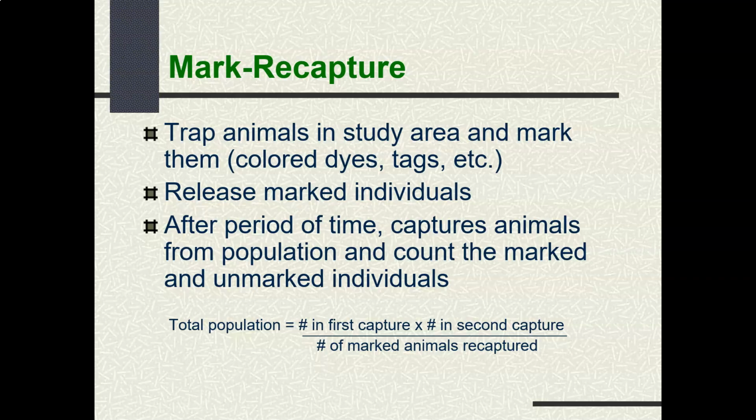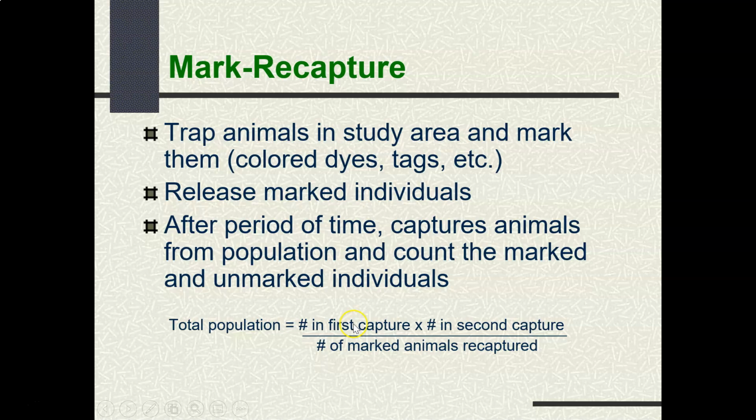After a given period of time, you then recapture the same number of organisms and count the individuals that have that marking, whatever it might be, the tag, the colored dye, as opposed to the number of unmarked individuals. And then you do some simple math here. So we estimate the total population size to be the number of individuals in that first capture that we initially tagged times the number in the second capture total, right?